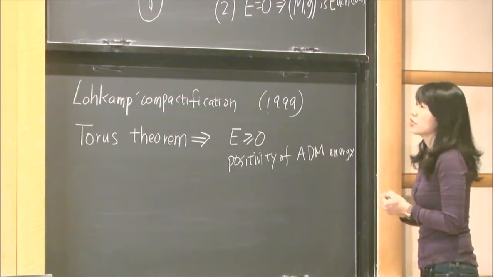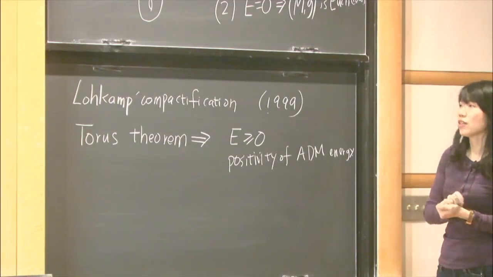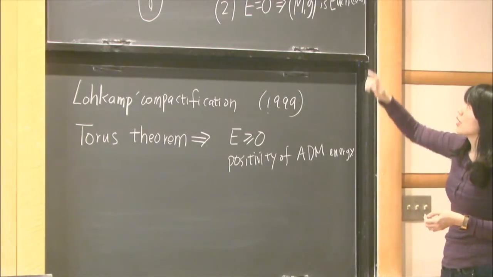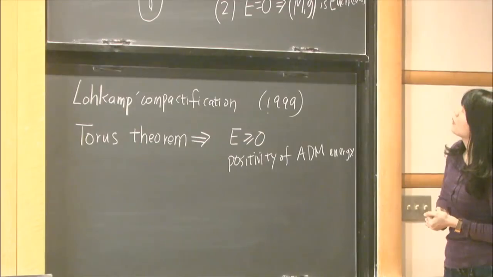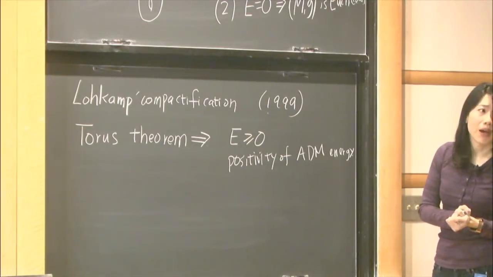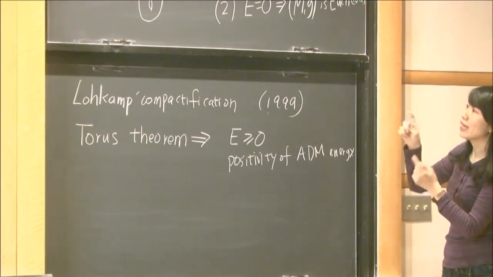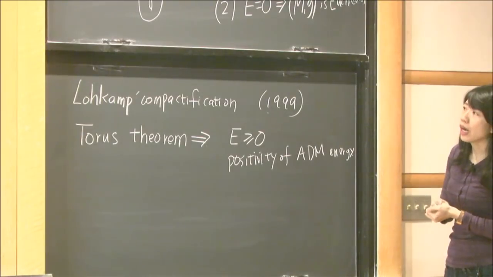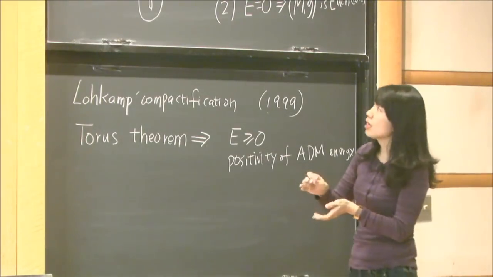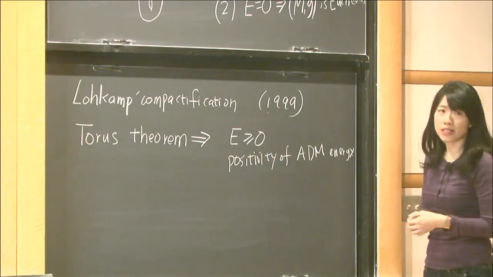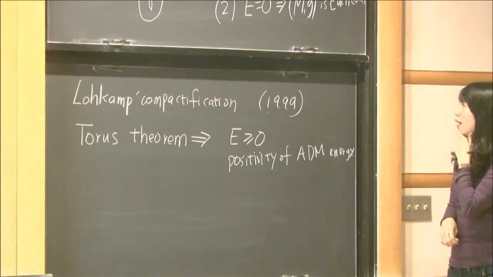Right, so these two theorems are related in the following way. If you can prove the torus theorem, then that will imply the positivity part of the positive mass theorem. So that's why when Schoen and Yau proved the theorem in higher dimensions, that will imply the Riemannian positive mass theorem in higher dimension too.